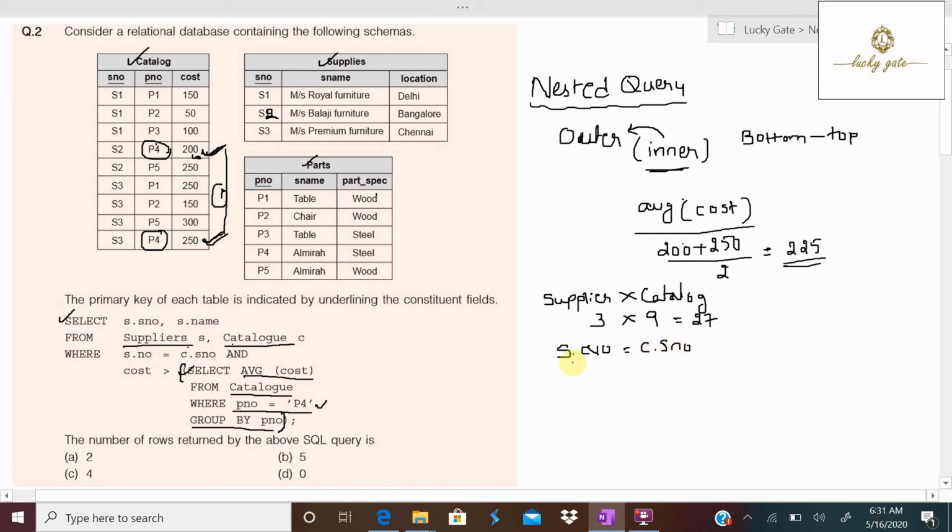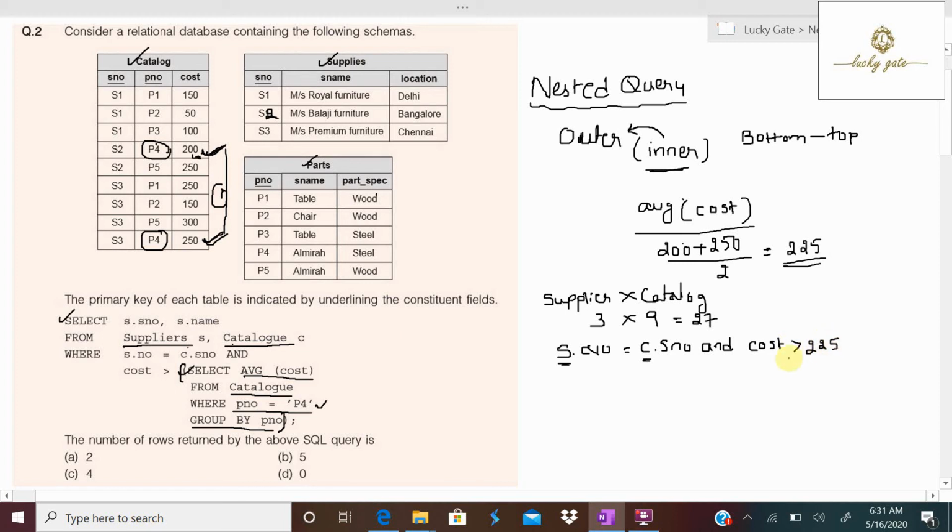Here s is for supplier, c is for catalog, and it also has one more condition, and cost is greater than the output of the inner query. Here the output of the inner query is 225.